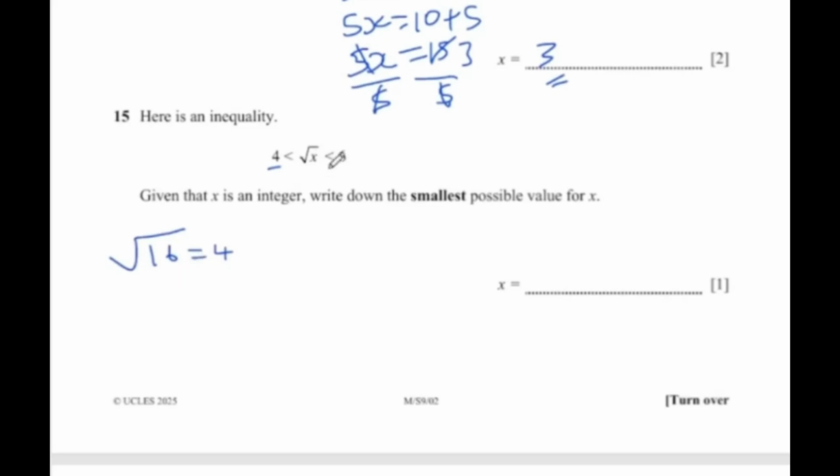So this number x must be greater than 16. The next integer after 16 is 17. Since it must be a whole number, it must be 17. If you take root 17, it certainly will be greater than 4, so that falls perfectly within that range.